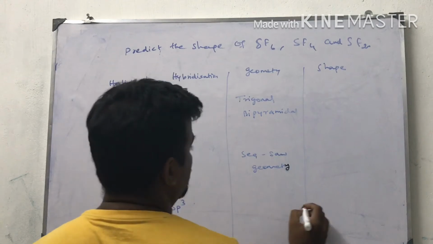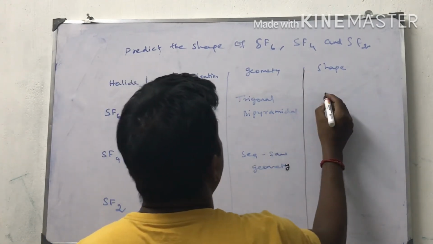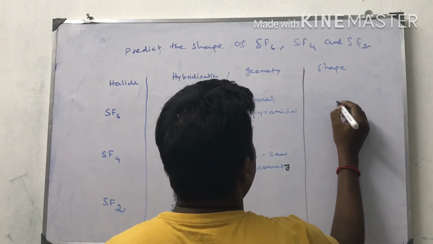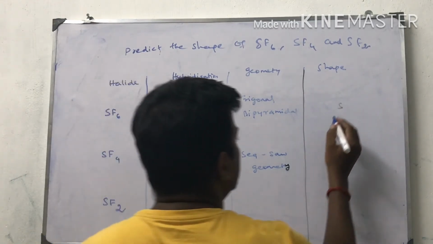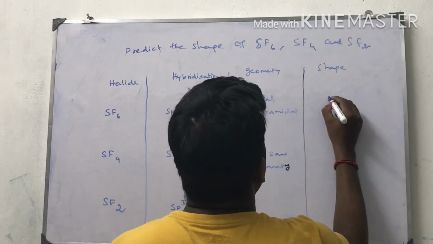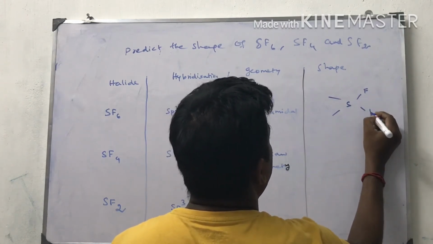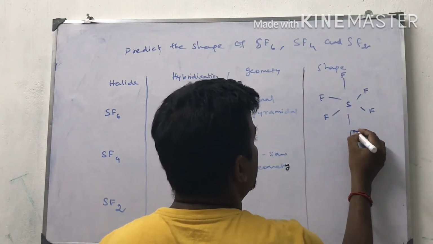SF2 is the... I'm going to draw the structures now. SF6 is sulfur with fluorine.